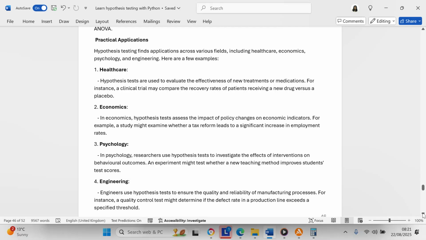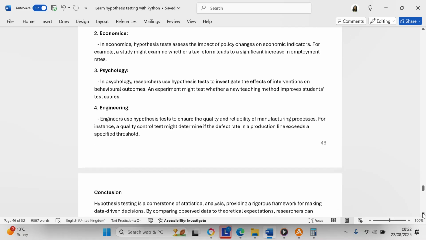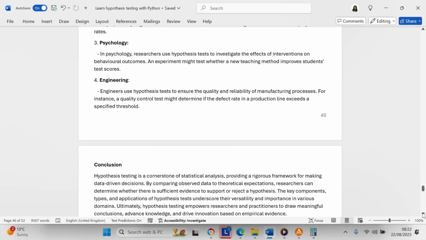You have economics. In economics, hypothesis tests assess the impact of policy changes on economic indicators. For example, a study might examine whether a tax reform leads to a significant increase in employment rates. You have psychology. In psychology, researchers use hypothesis tests to investigate the effects of interventions on behavioral outcomes.